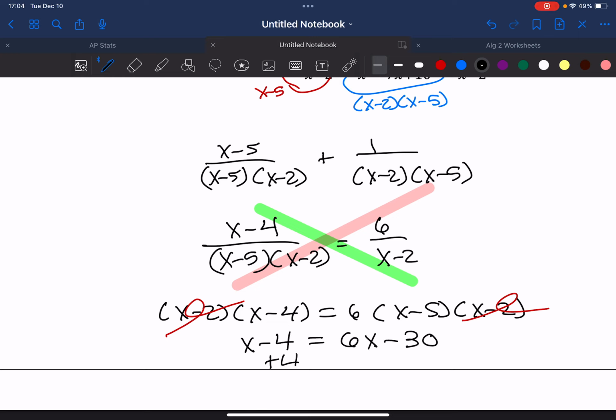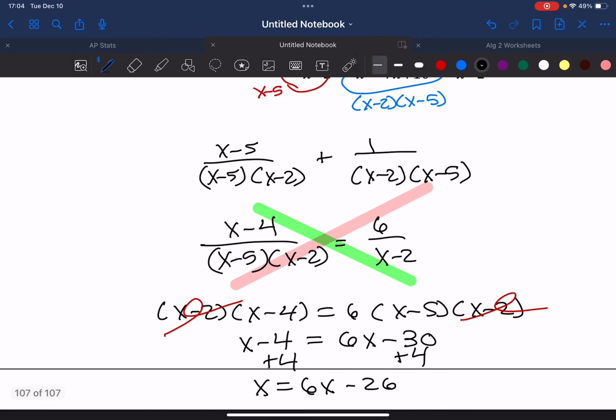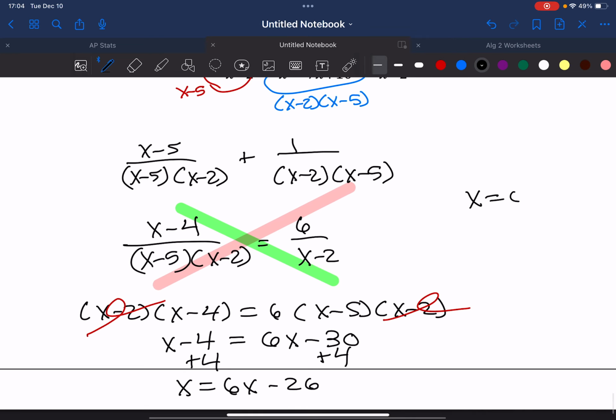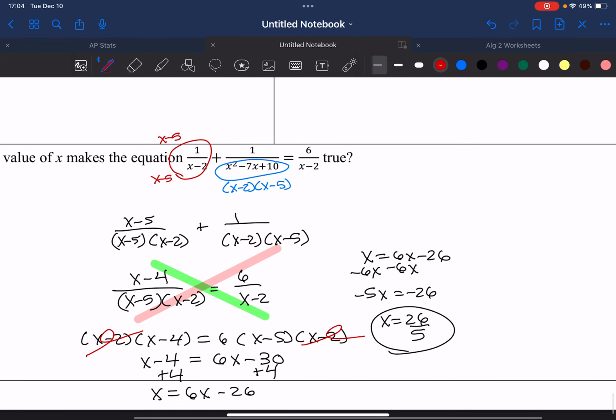I can add the 4 over, and I get x is equal to 6x minus 26. Subtract the 6x over, and I get negative 5x is equal to negative 26, which means x is equal to 26 over 5. And then I would have to check.